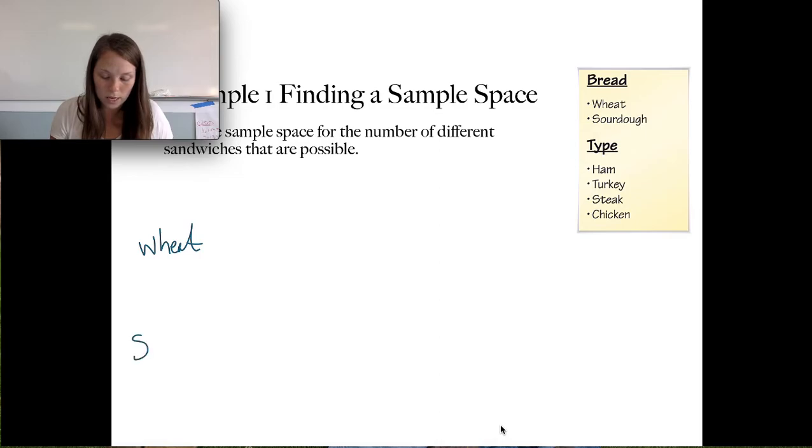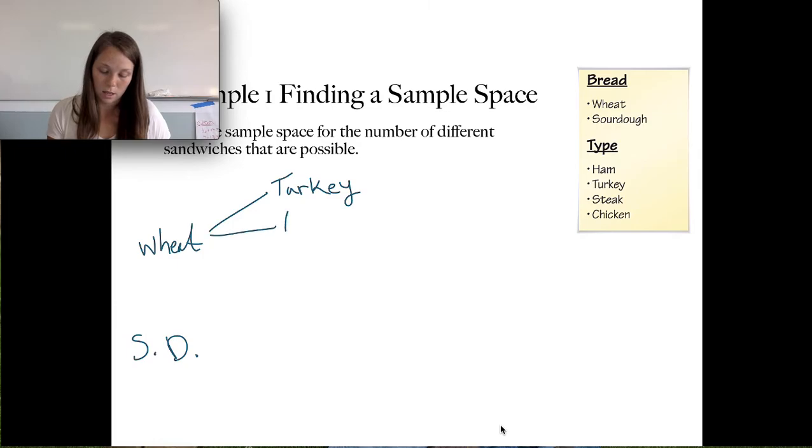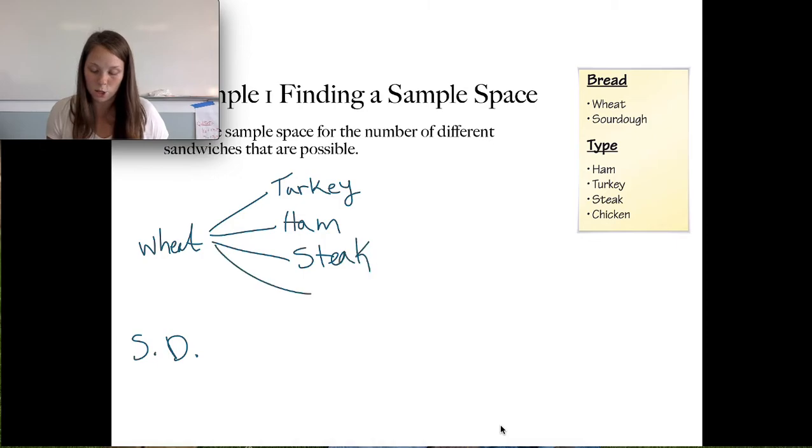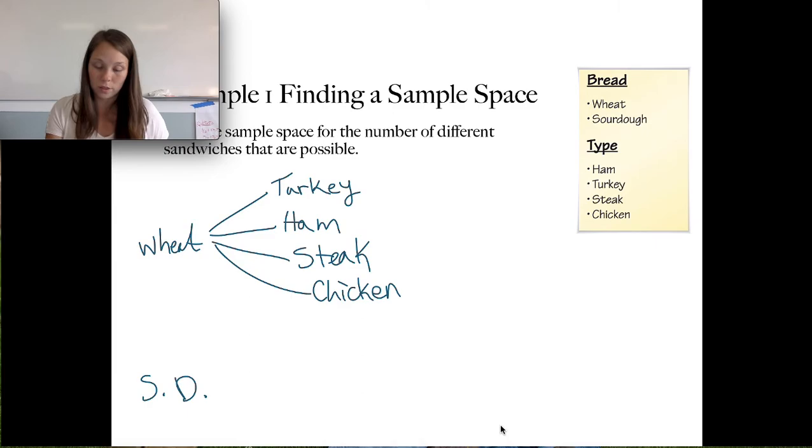So I have wheat, and then I'm going to use SD to shorthand sourdough. And then I have the turkey, the ham, the steak, and the chicken option with the wheat bread. And then I also have those same options with the sourdough bread.